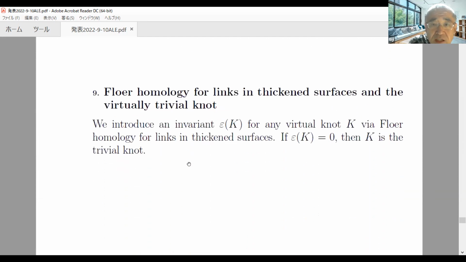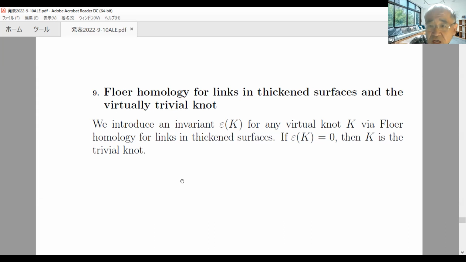And we apply this for virtual links. Anyway, we introduce an invariant epsilon K for any virtual knot K via Floer homology for links in thickened surfaces. If this is 0, then K is the trivial knot. We use Ozsváth-Szabó's theorem about genus. Anyway, we use Floer homology and can investigate whether K is trivial or not.